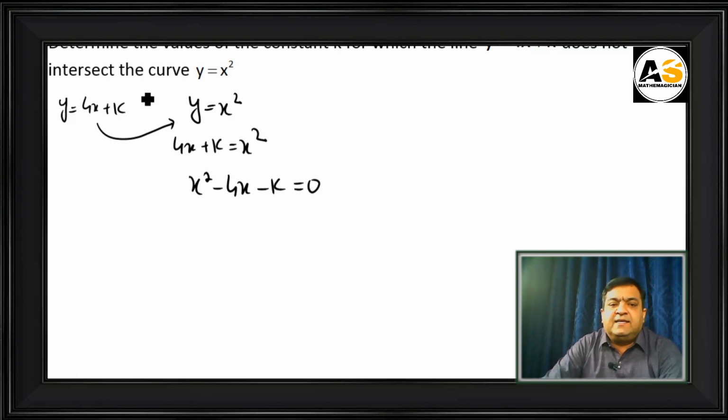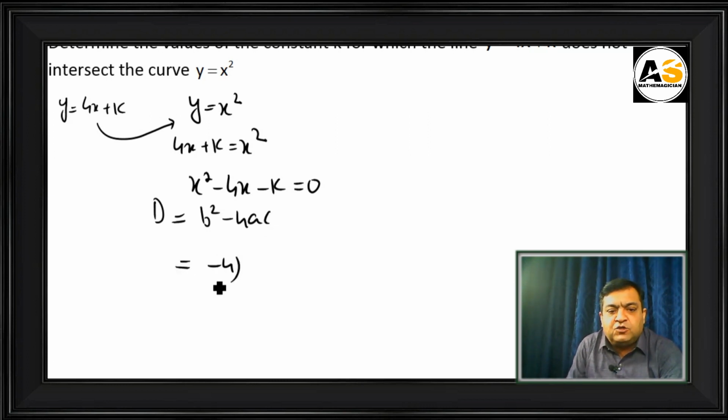Does not intersect the curve. It means it will have no solution, which means this quadratic equation's discriminant will be negative. So let us put the discriminant negative. Discriminant is equal to b square minus 4ac, which is minus 4 square minus 4 into a into c.